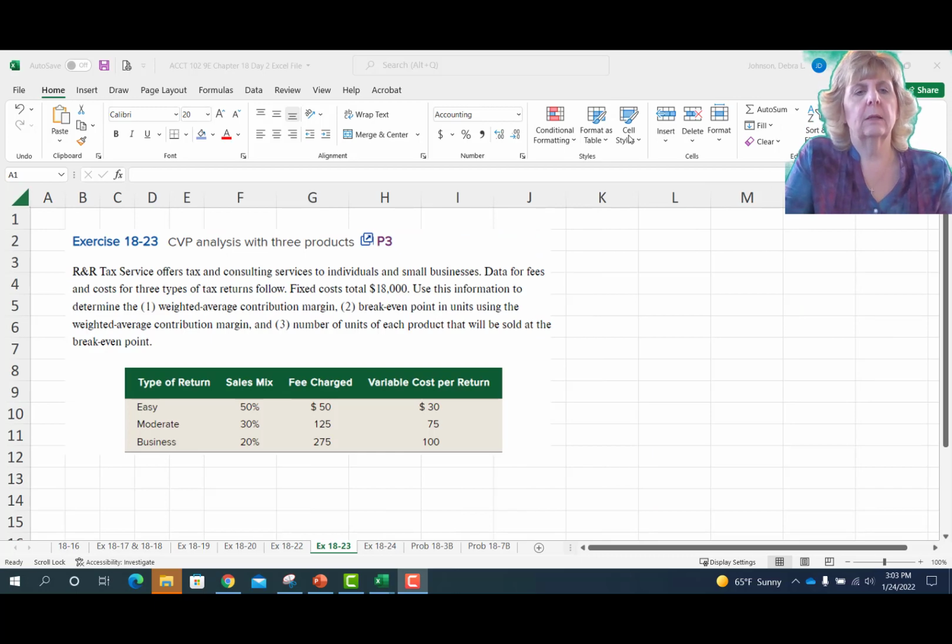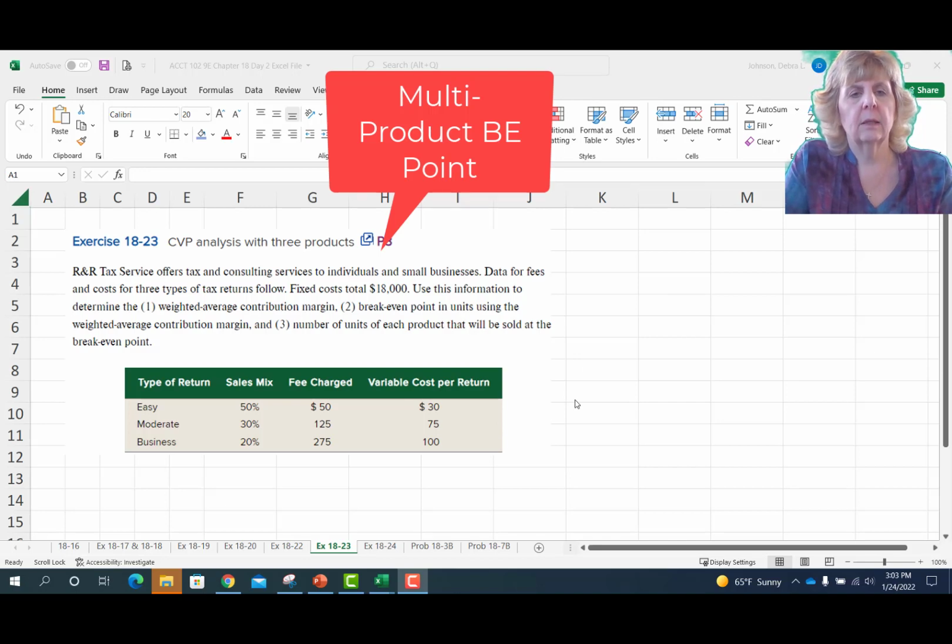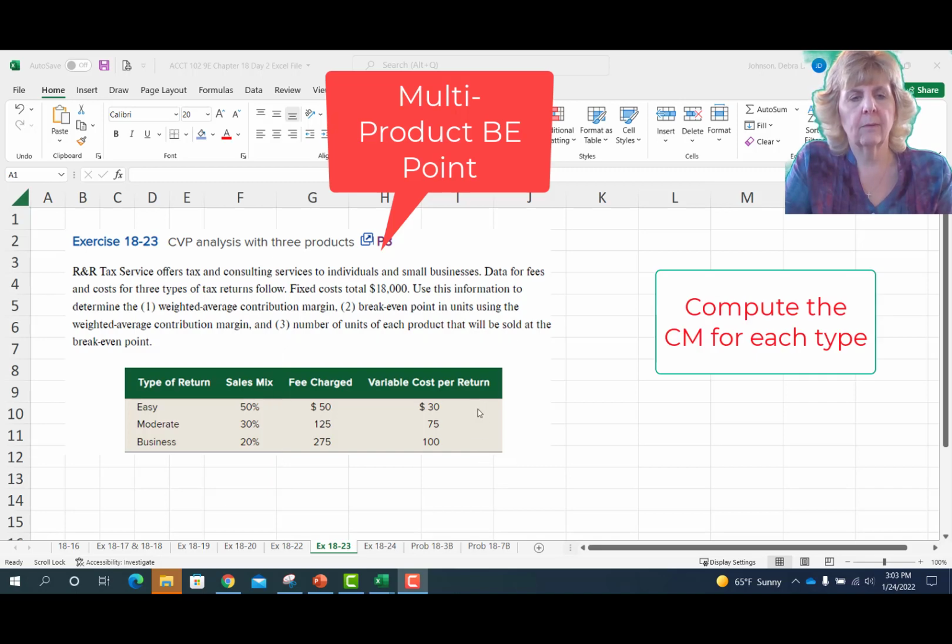For extra practice, let's try one more multi-product company. In this case, it's a tax return company that does easy, moderate, and then business returns, which are usually a little bit more difficult. They gave you the revenues and the variable costs. So the first thing I would do on this one is calculate the contribution margin for each type of tax return.